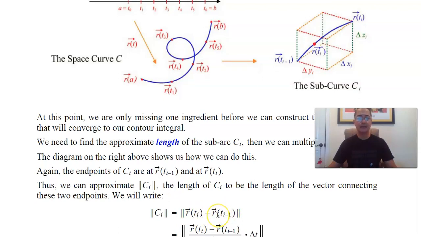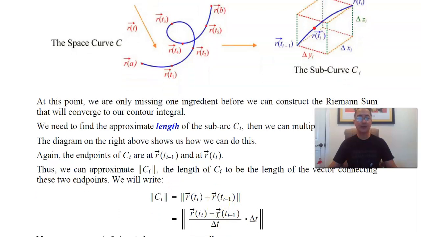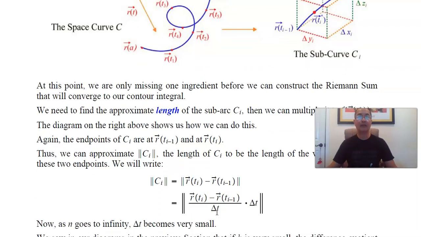Okay, and now we're going to do something clever. We are going to multiply and divide this by delta t. So why is this clever? Well, we just talked about the derivative of a parametric curve, right? And as you recall, this appears in the formula for that derivative where delta t goes to 0.